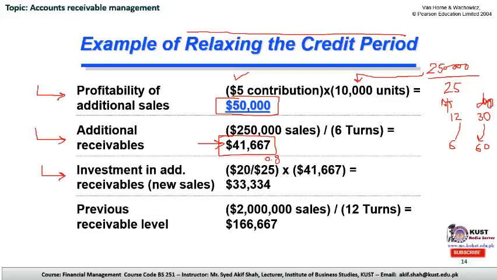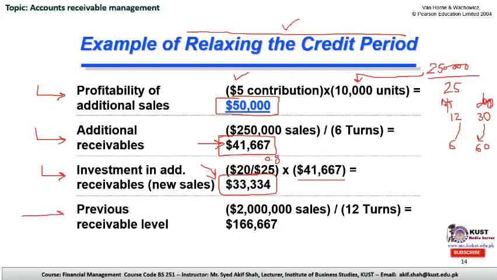So after multiplying our variable cost margin with the total additional account receivable, which is $41,667, we come up with $33,334 of funds tied up or stuck in this additional account receivable if we relax our credit period.